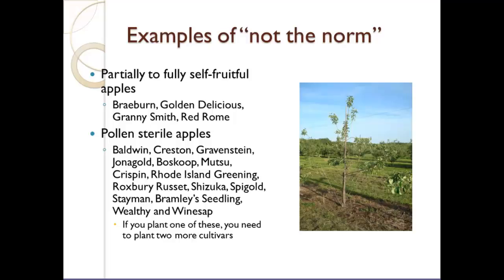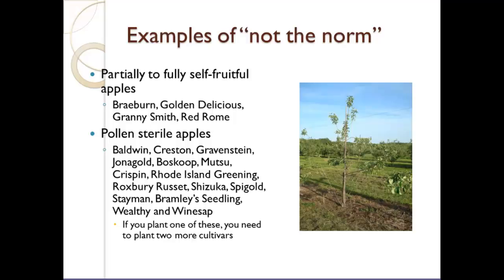But in almost all cases, even those considered fully self-fruitful, you can almost always improve fruit set by having a second cultivar. So I'll just put that in your mind. Even though it's not always required, there are some that in almost all cases will benefit from having cross-pollination.